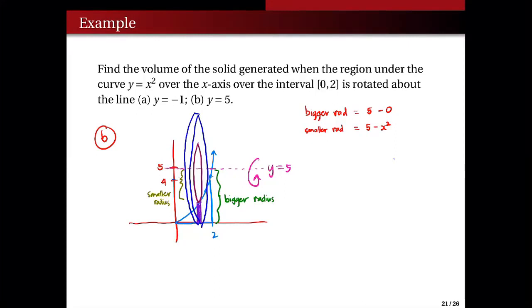And therefore, we have the following. Volume equals. I'll put pi outside. So I have pi from 0 to 2. Bigger radius squared, it's just 5 squared, minus smaller radius squared, it's 5 minus x squared squared. And you have the dx.